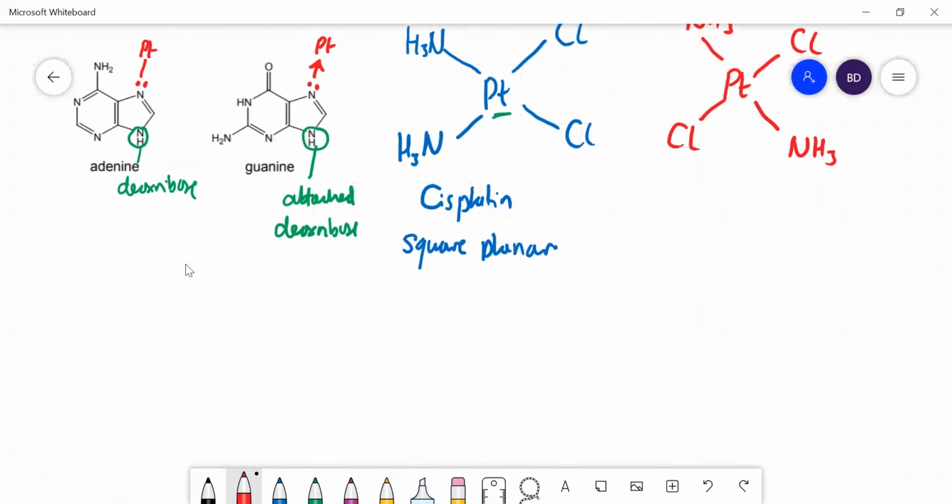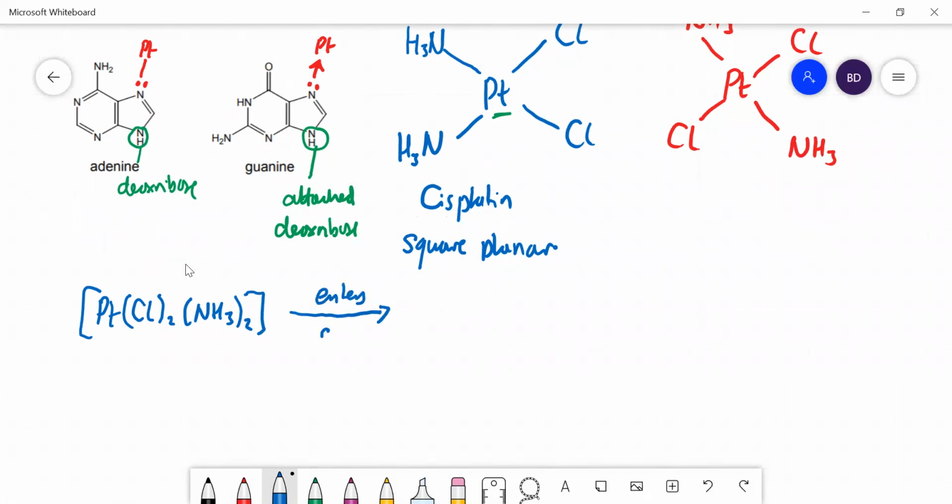Right. So very briefly, what happens? You have cisplatin, so that's Pt Cl2 (NH3)2. When it enters the cell, one of those chlorine ligands is replaced by a water, and that's because the chloride ion concentration is lower in the cell than it is in the extracellular fluid.